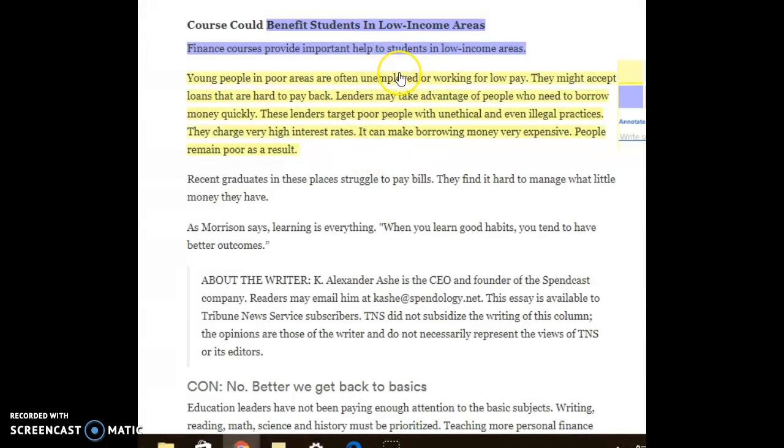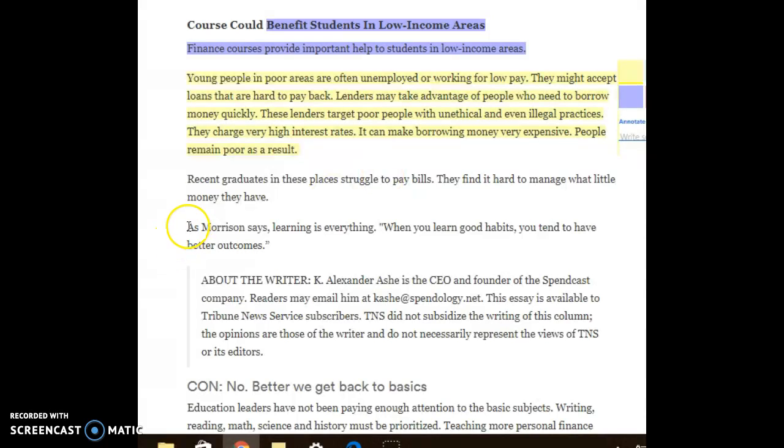A lot of people are unemployed or working for really low pay. They might take out loans as a result that are really hard to pay back. People take advantage of them. They charge very high interest rates. It makes borrowing money very expensive, and therefore it keeps people in that cycle. So she explains this situation using a lot of details.